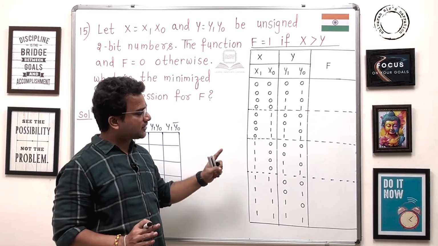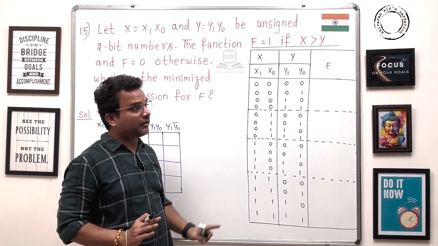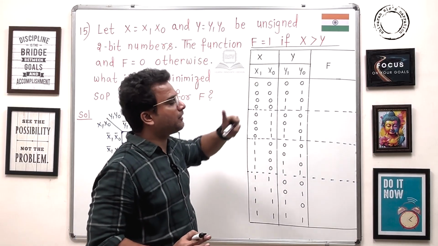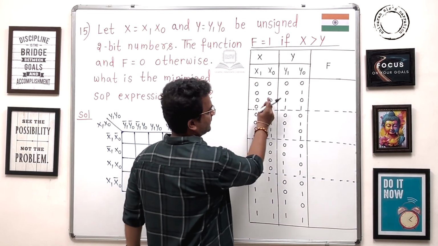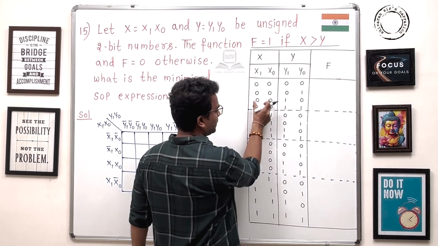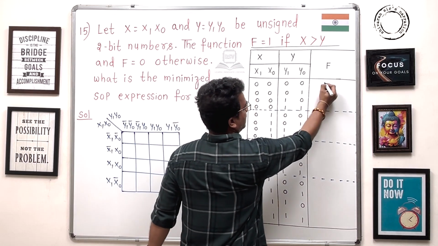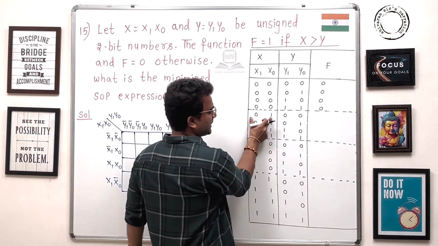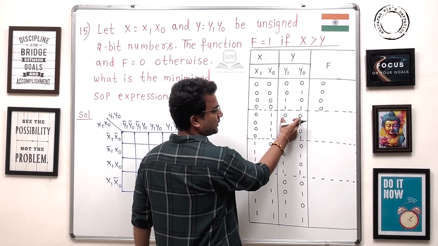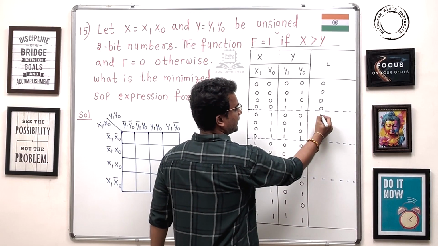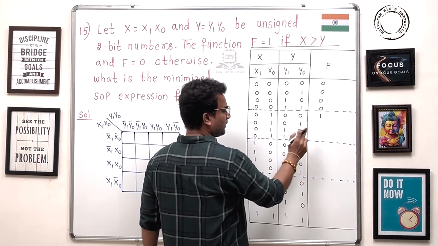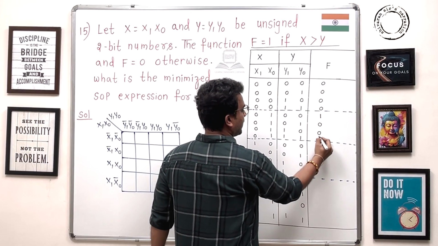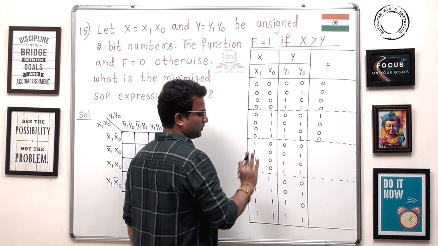Okay, now let's enter into the design requirement. When f is equal to 1, if x is greater than y. In these cases x is 0 only, hence the output is 0. In this case also 0 1, it is 0 0. Now x is greater than y, and in the remaining cases x is less than y only, hence all zeros.